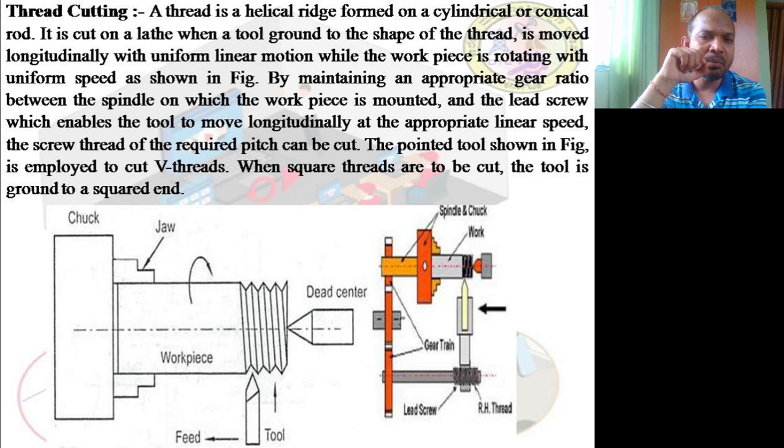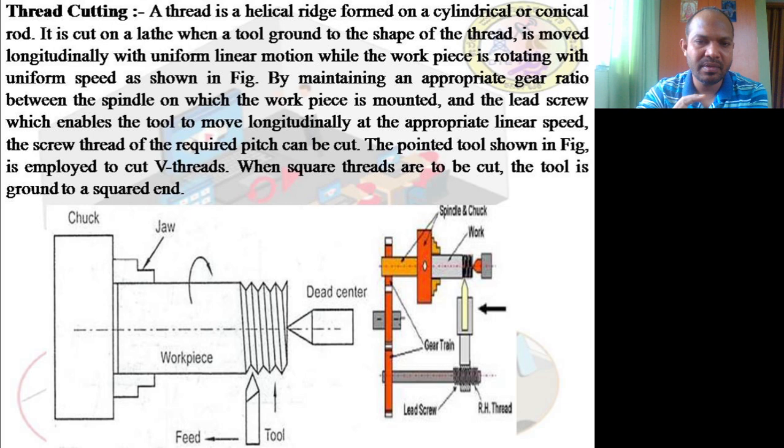Since the material removed is more and it is removed at a slower speed, the speed in thread cutting will also be maintained very slow in order to avoid damage to the threadings, because as you can see this threading will also have up and down movements, something like a zigzag movement. That is what we call crests and troughs. Is it clear? Crests and troughs will be maintained in thread cuttings.